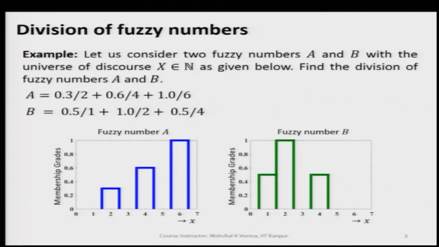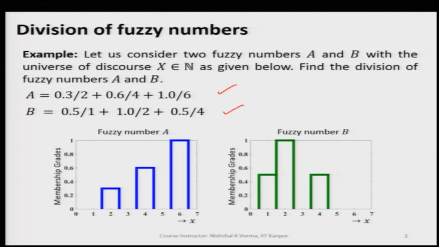Now, let us take an example and understand the division of fuzzy numbers. Here we have two discrete fuzzy sets, and of course, these two fuzzy sets qualify to be fuzzy numbers.